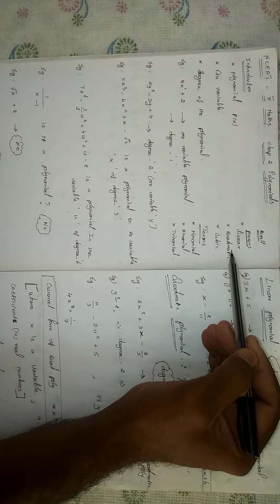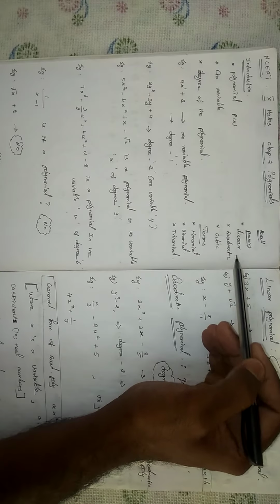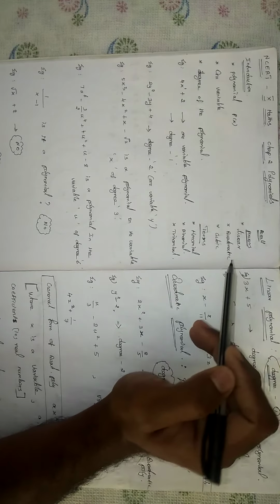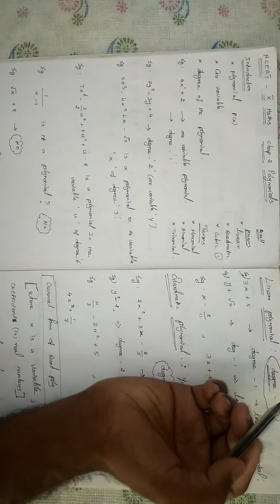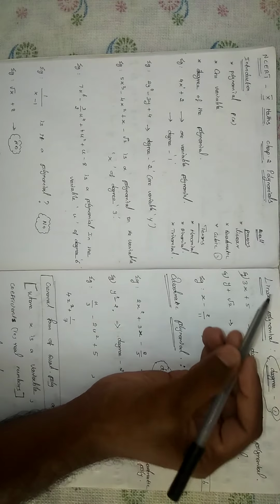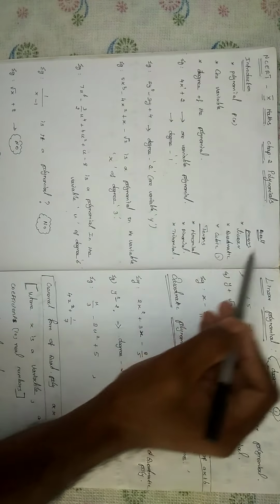The highest power 2 is quadratic. The highest power 3 is called cubic. Are you all clear? I hope you all know this.